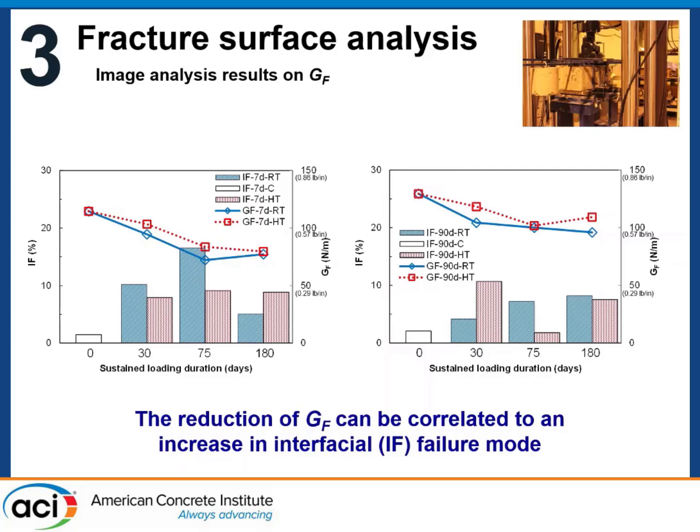And in here we have, for sustained loading, interfacial failure as a percentage, fracture energy in here, and we can also see this trend. So his conclusion again is that you have this reduction of fracture energy, and it can be correlated with an increase in the interfacial failure mode as you go with different sustained loading.